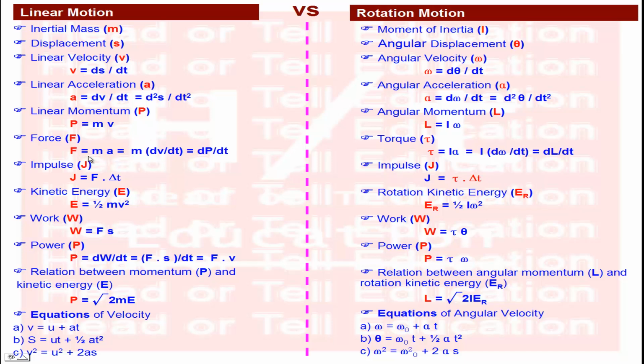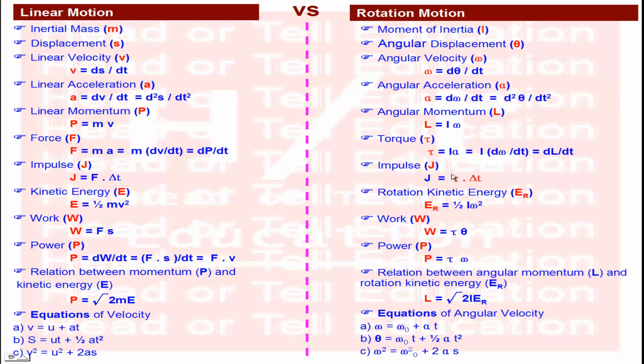On the linear side, force is F equals ma, which equals m dv by dt, which is also equal to dp by dt. Now torque is the same: torque equals I alpha, which equals I d omega by dt, and equals dL by dt. Impulse J on the linear side is J equals F multiplied by the duration of time delta t.